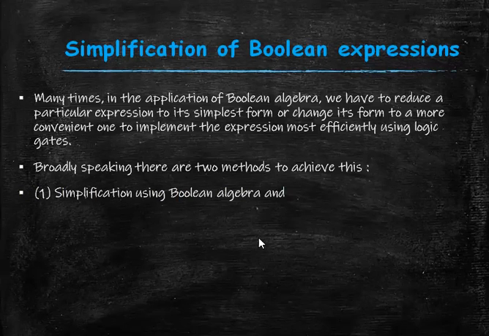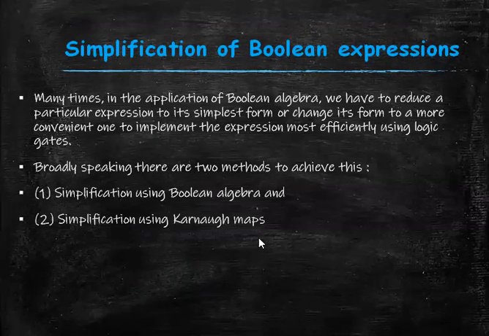First one is simplification using Boolean algebra, and the second one is simplification using Karnaugh map. When the logic equation or Boolean expression contains two or three variables or literals, we can simplify it using Boolean algebra.